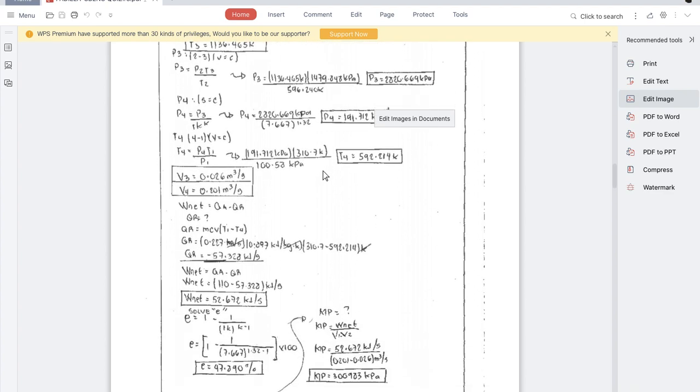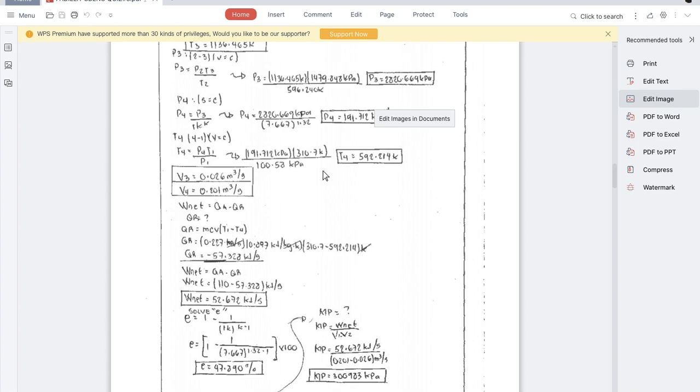Next is for the P3. We will use process 2 to 3, v equal to c. The formula for P3 is P2 T3 over T2, or P3 equal to 1,136.465 K multiplied by 1,479.848 kPa over 596.240 K. For the P3, the final answer is 2,820.669 kPa.